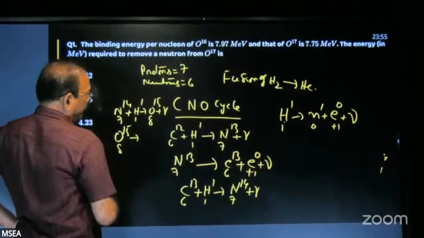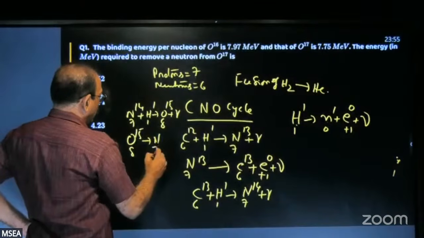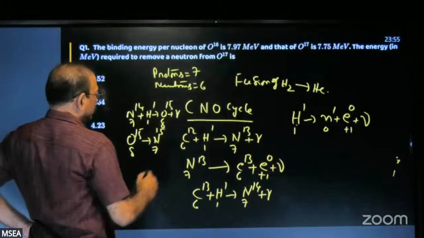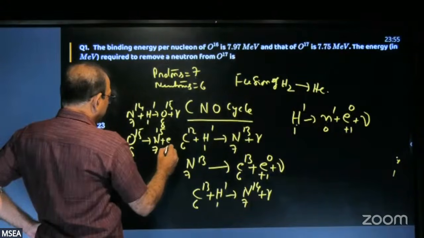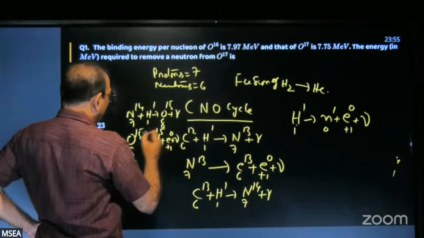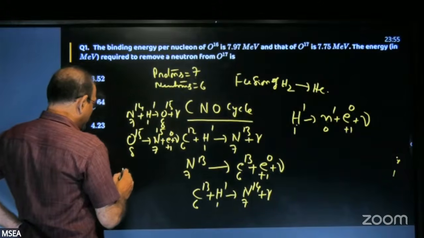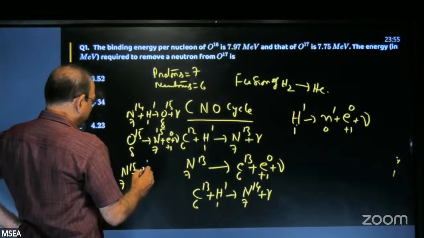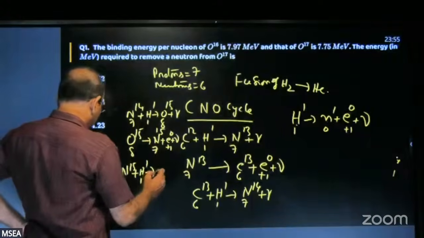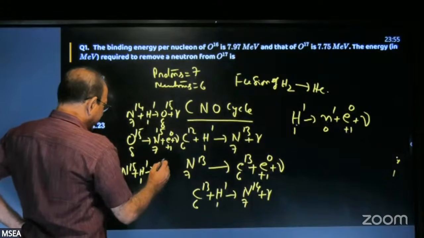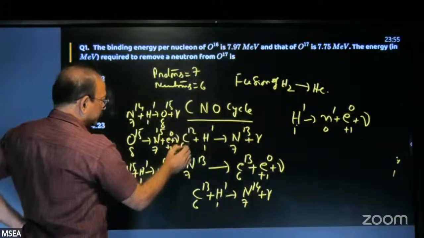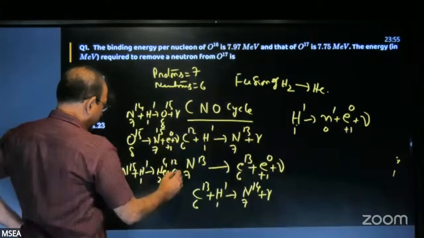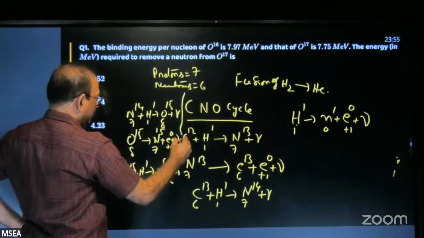So this oxygen-15 converts into nitrogen-15, emitting one positron and a neutrino. Then the last one: this nitrogen-15, by fusing with one hydrogen nucleus, forms helium. And the carbon-12 from the first reaction is released again, along with some energy, a gamma ray photon.